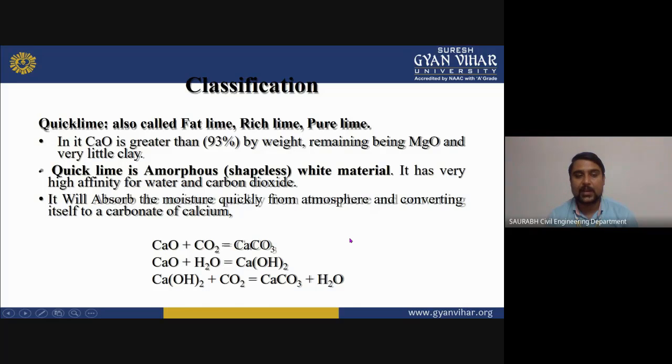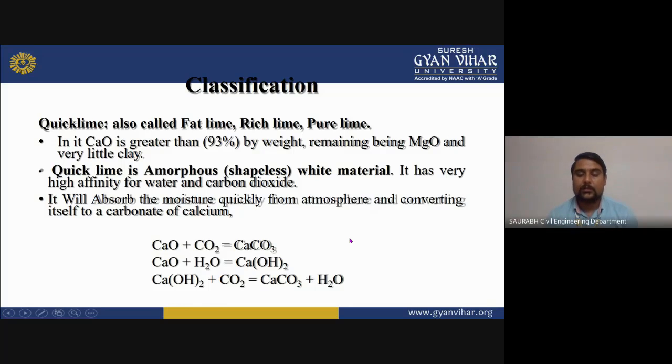It has a very high affinity for water and carbon dioxide. It absorbs moisture quickly from the atmosphere and converts itself into calcium carbonate, like CaO plus CO2 becomes CaCO3, and CaO plus H2O becomes Ca(OH)2.